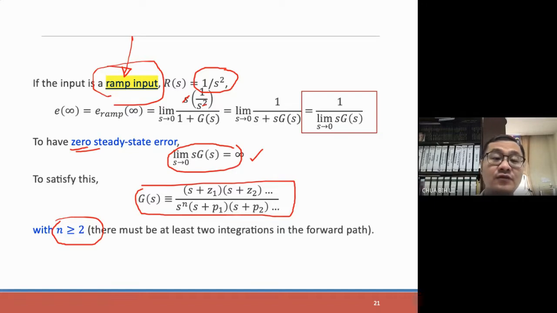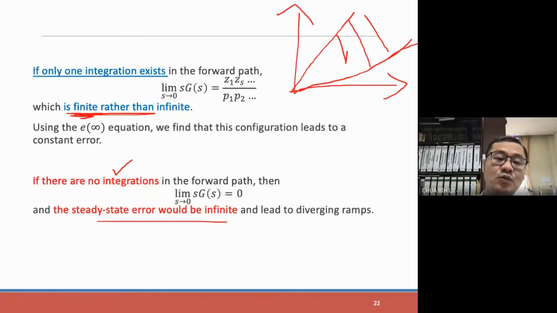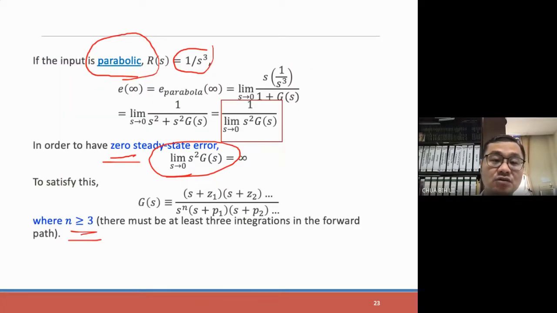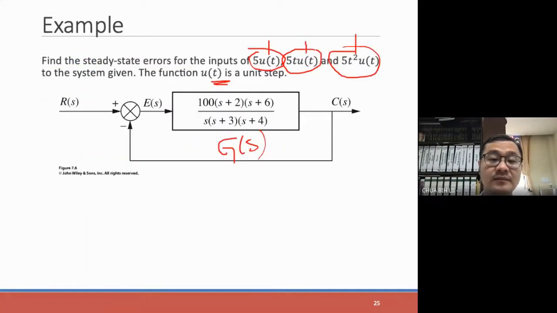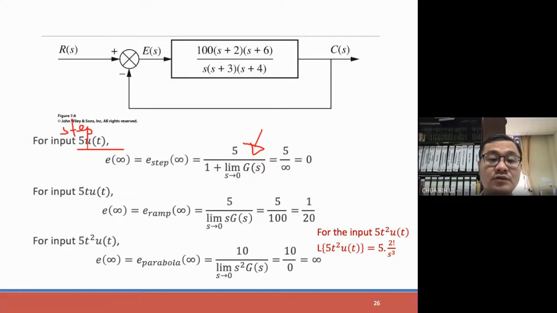If you would like to calculate the value of the steady state error itself, these would be your equations. You still have to depend on the final value theorem itself. So here we just apply the correct equations. Here it is 5 divided by 1 plus the limit of G(s).